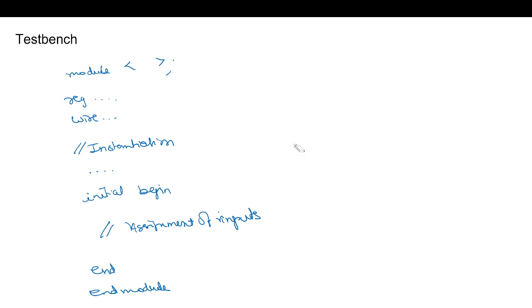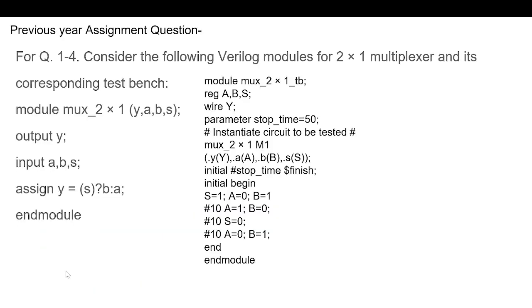In this way you can complete this test bench. Next let us proceed with some of the previous year assignment questions.